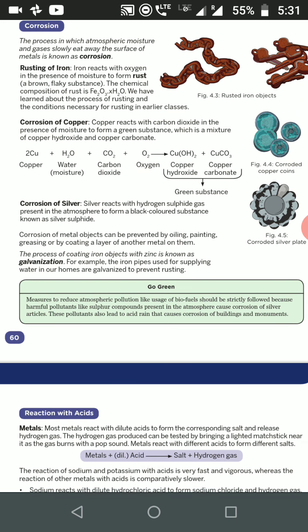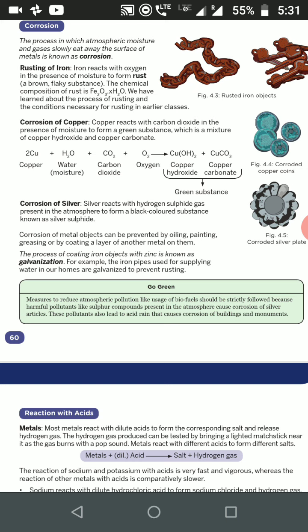You have seen the silver articles getting black. So when these silver articles are exposed to air, they react with a gas called hydrogen sulfide and form silver sulfide, which is black in color. So this is called corrosion of silver, that is silver sulfide.